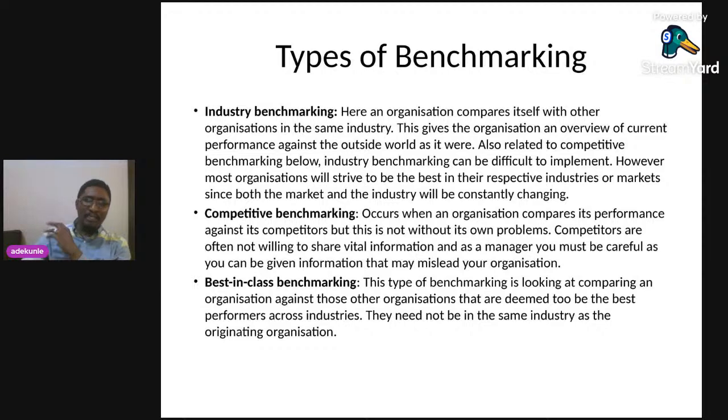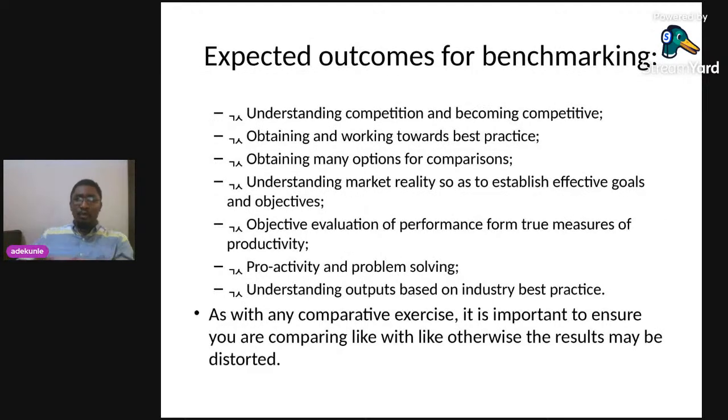And what we call best in class benchmarking looks at comparing an organization against those other organizations that are deemed to be performing well across all industries, to see what these guys are doing. They are not necessarily in your industry, but they are seen to be the best in their own industry. So if you do benchmarking, what are the expected outcomes?